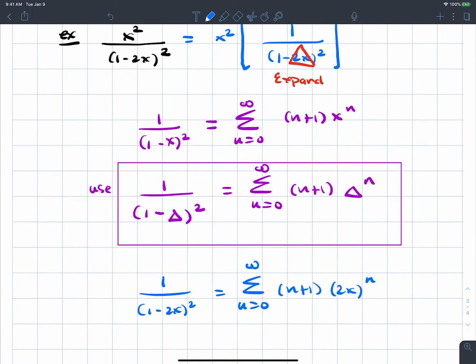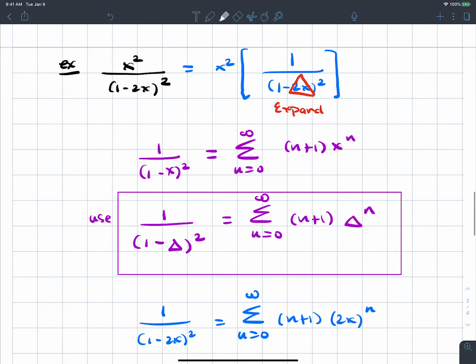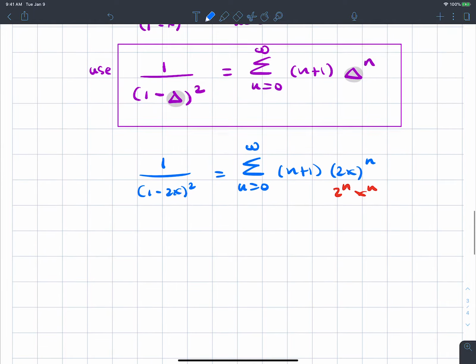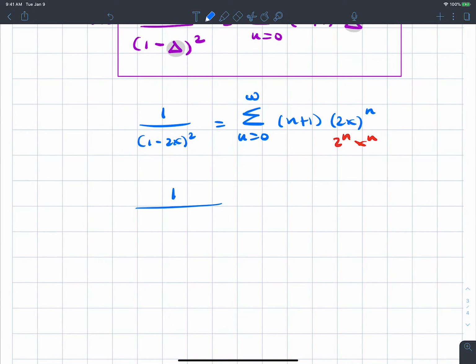We identify what's in the triangle and use this expansion formula. Now, you do a little bit of algebra here, and this becomes 2 to the n, x to the n. So 1 over (1 minus 2x) squared is the sum, n is 0 to infinity, of (n plus 1) 2 to the n x to the n.